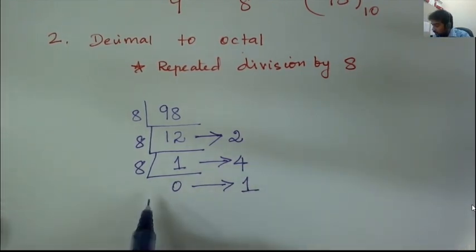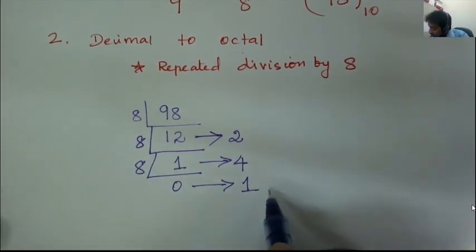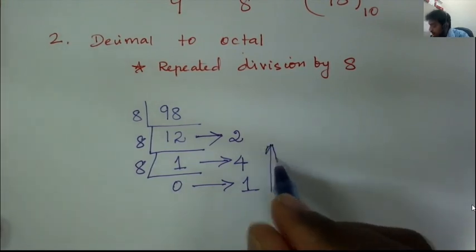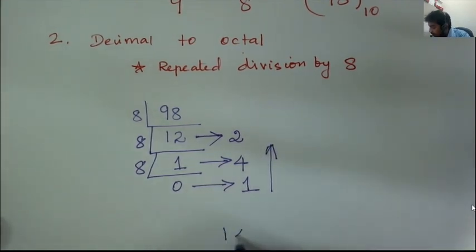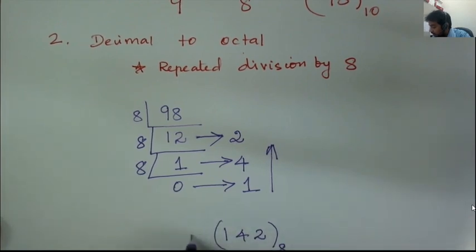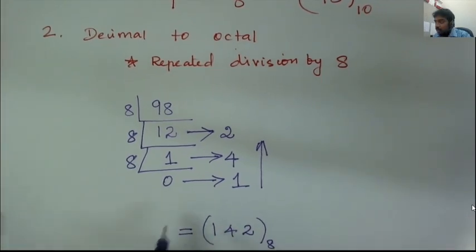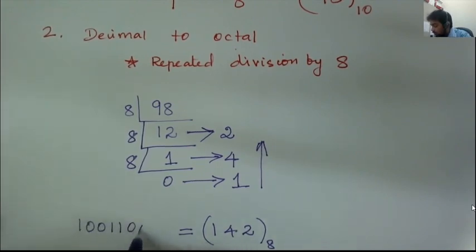So you can now write the answer from bottom to up, 142 base 8, and this is the equivalent of the BCD 10011000.